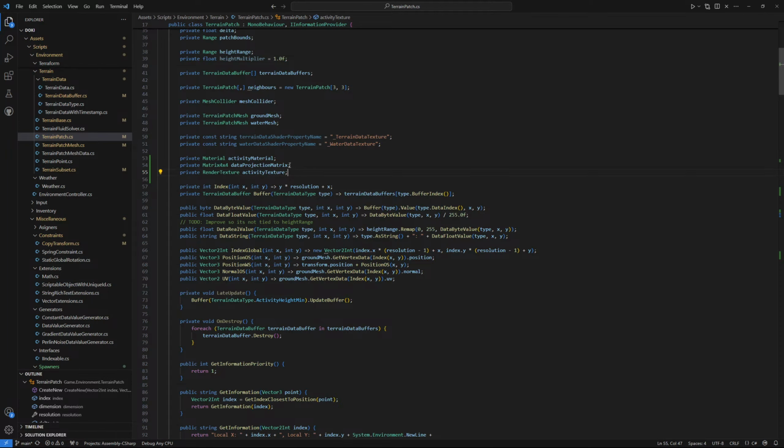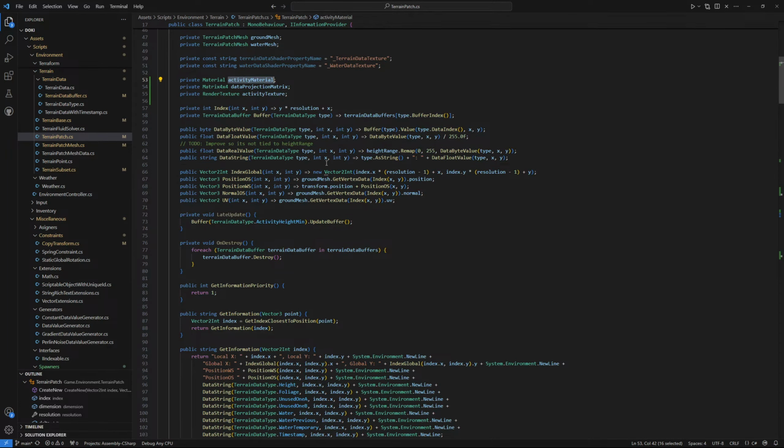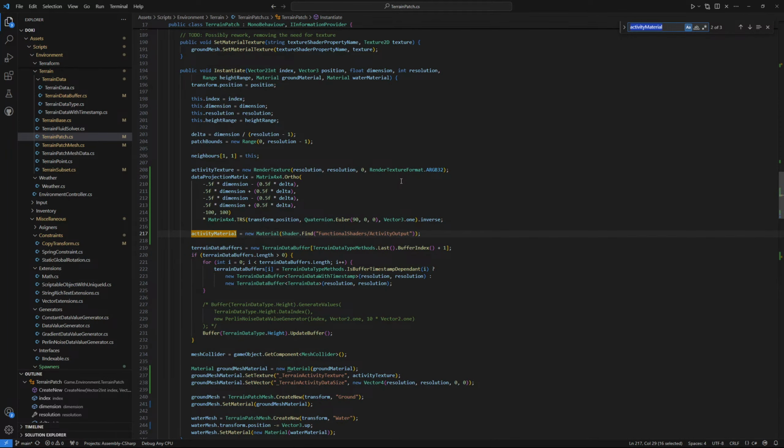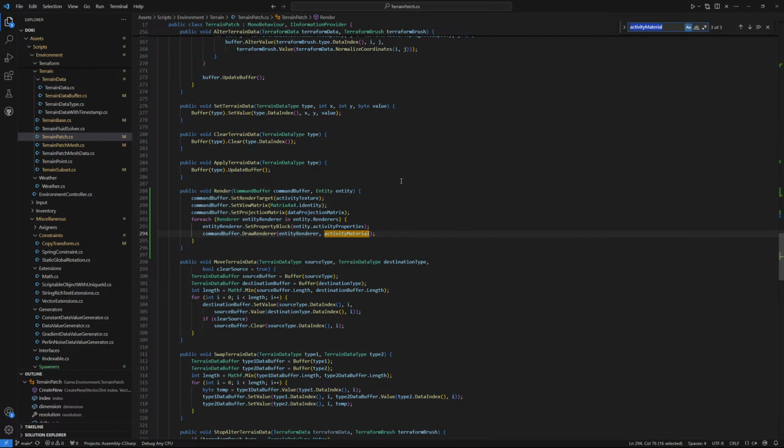This one we want to keep here, this one as well, but this one, I think we want to move this one to terrain base, I'm pretty sure. And then we send it in here.